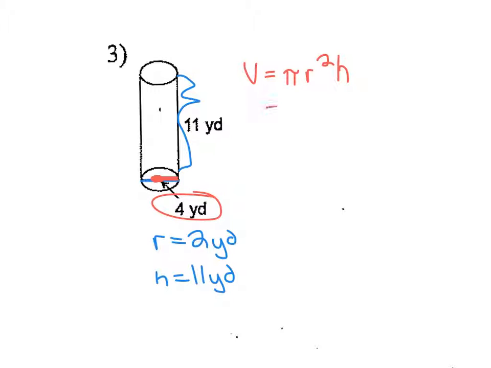When I rewrite the formula, I've got pi times our radius, so times 2 squared, times the height, which is 11. And when I plug this into my Desmos calculator, I'll let you guys do that on your own.